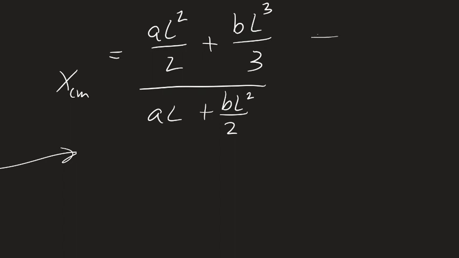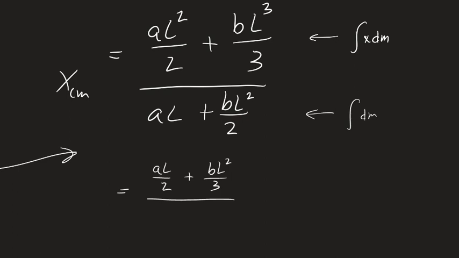So this was the integral of x dm, and this is the integral of just dm. There's an L in every term here, and we know it's non-zero, so we can factor out the L that's in every term. So you get AL over 2 plus BL squared over 3, all divided by A plus BL over 2.